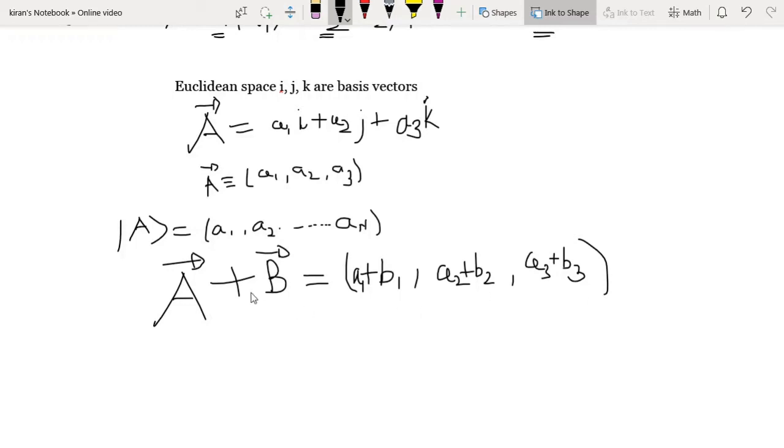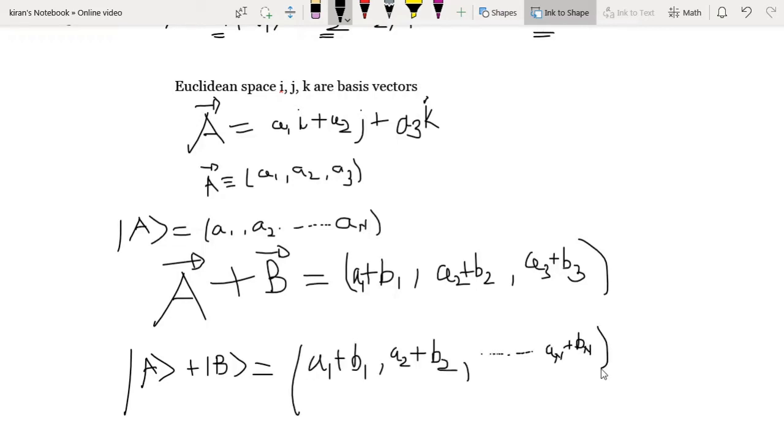Correct? Similarly, over here also, in order to add two vectors from a vector space, let's say you want to add vector a plus vector b, you will simply need to add their components: a1 plus b1, a2 plus b2, up to an plus bn.